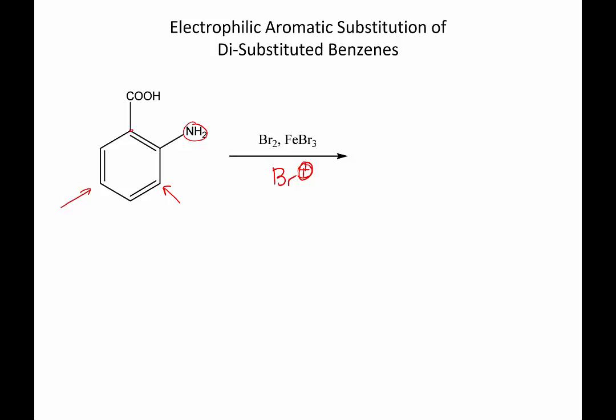I thought I would see a kind of similar thing, but you want to think about it this way, because if it adds ortho and para to the nitrogen group, it's also meta to the COOH. So let's do the COOH and see where it points. It's going to point meta to the COOH group, right?